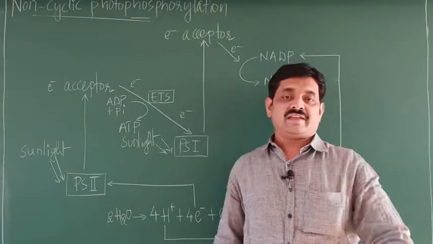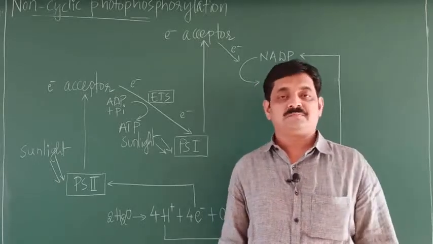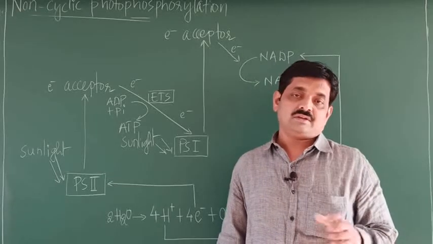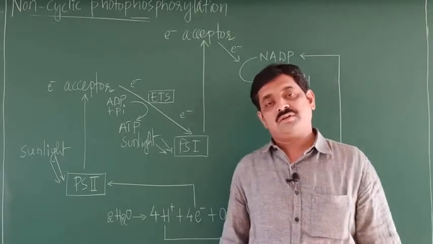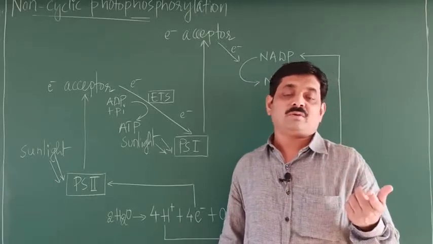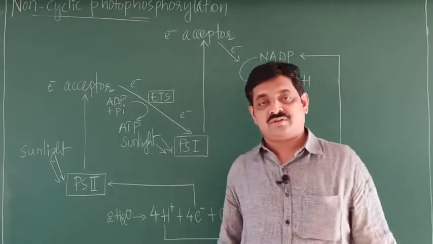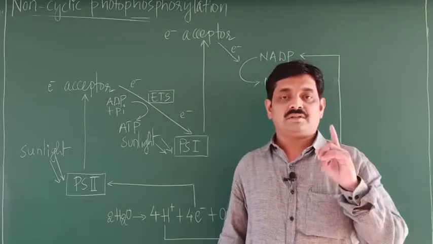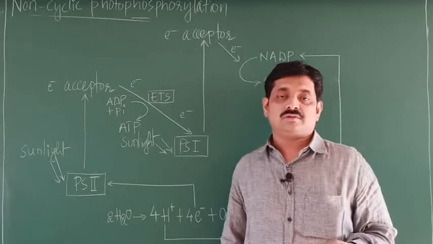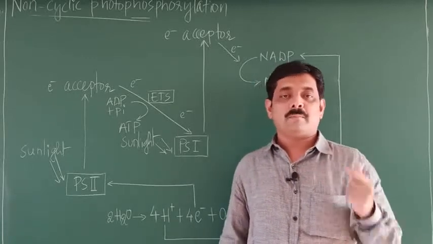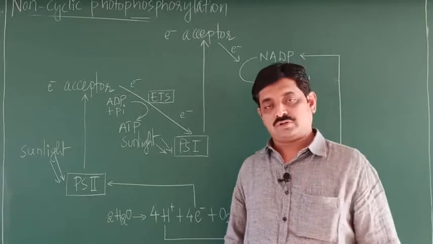See here, in the light reaction of photosynthesis, oxygen is produced. Oxygen evolved by photosynthesis is mainly from the light reaction. And evolution of oxygen requires water, or we can say oxygen is evolved mainly by using water.